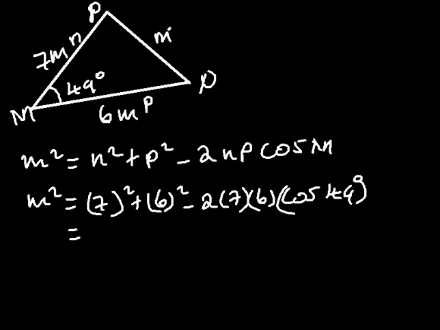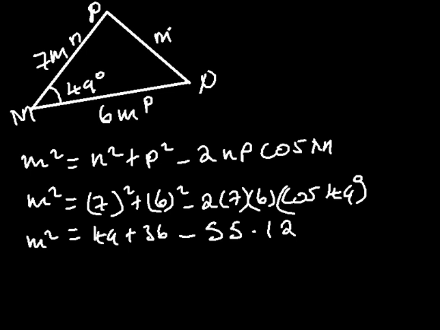So we have 49, that is the 7 squared, plus 36, and minus 2 times 7 times 6 times the cosine of 49, which is given as negative 55.12.